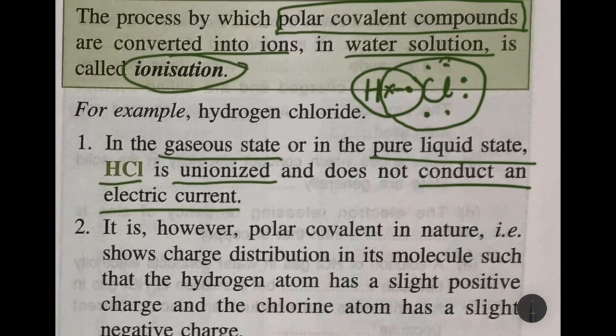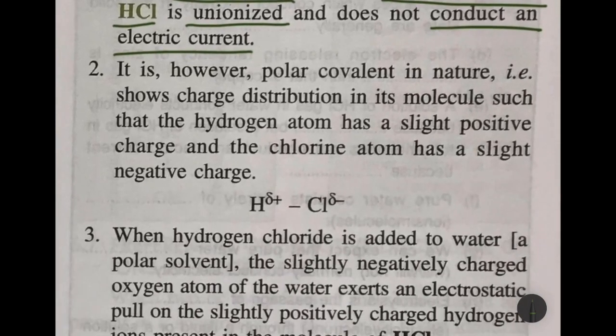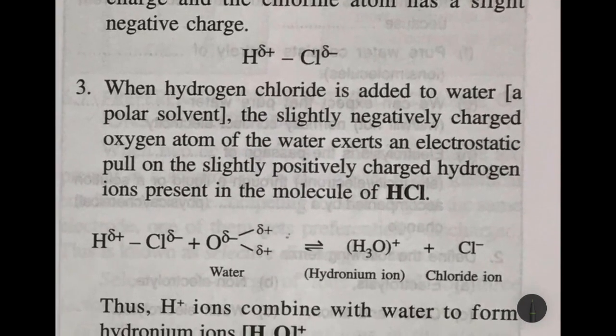Why? Because hydrogen has just 1 electron, so this electron is pulled towards the chlorine. So hydrogen has a slight positive charge, and chlorine develops a slight or delta negative charge. So it is a polar covalent compound. So when hydrogen chloride is added to water, which is a polar solvent, again water has delta negative oxygen and delta positive hydrogen.